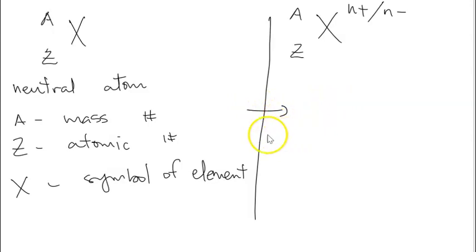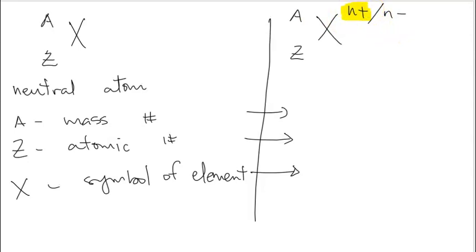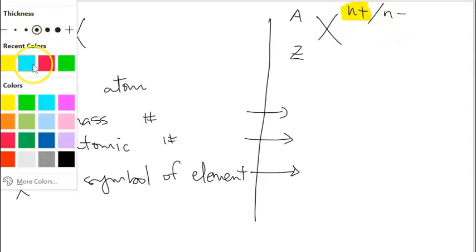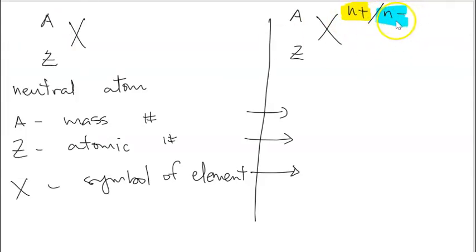Same thing here, A, Z, X, but if you notice here we have N plus, and we have N minus.